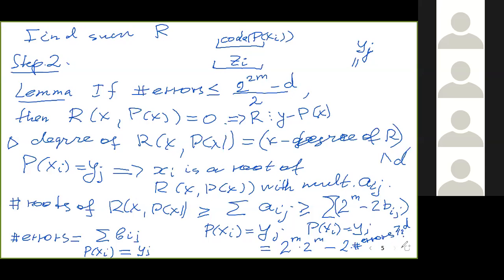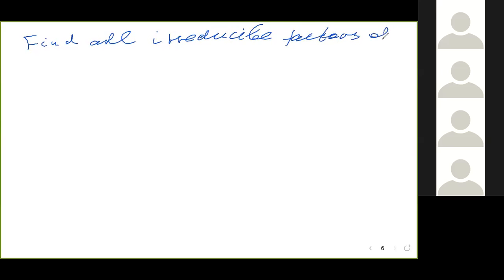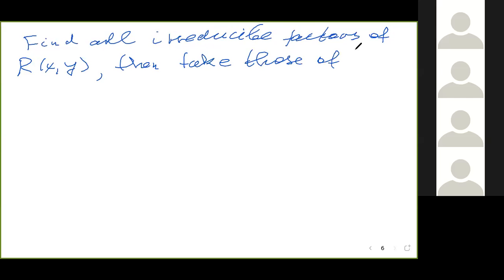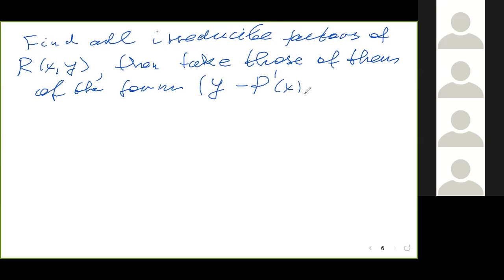So by our lemma, let's summarize. On the first step, we find all irreducible factors of R, then take those of them of the form y minus a polynomial p prime, call it p prime of x, and put all such p primes in the list.